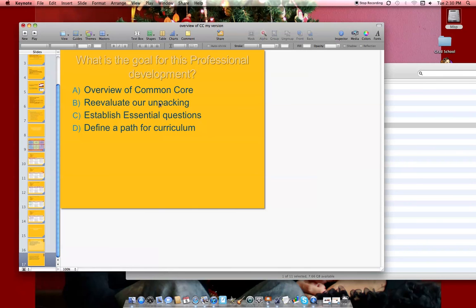And that's really heavy in backwards design. Wiggins lives on that essential questions. And I'm going to talk a lot about that when we get there. And then finally, where do we go? Define a path for our curriculum. And I have a nice little template on how we go about that. And at the end of this website, you're going to see a nice final product of beginning to end. How did we get there? And as an example.